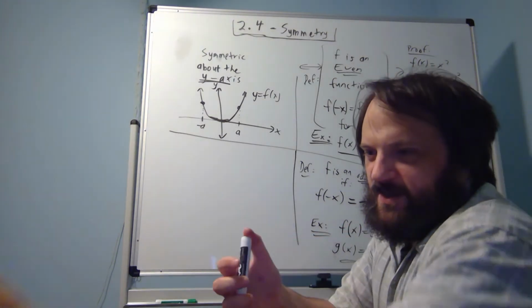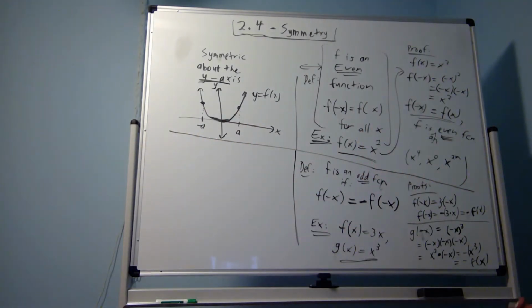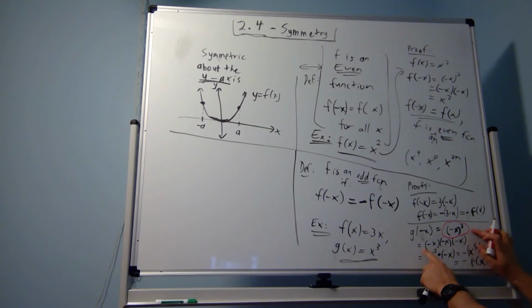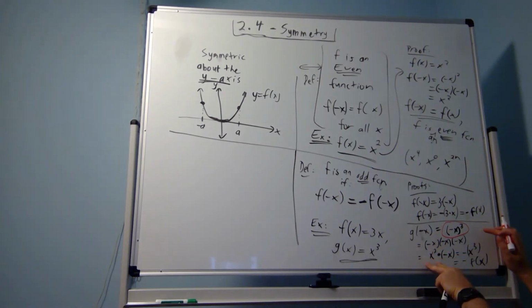So I did that in a lot of detail, as if you're seeing it for the first time. And it's good to question these things at some point to really convince yourself that you know why it's true. That's literally what x cubed, or minus x cubed, is. And two of the minuses cancel, and because there's an odd number of them, there's exactly one left over after you pair up all the others.